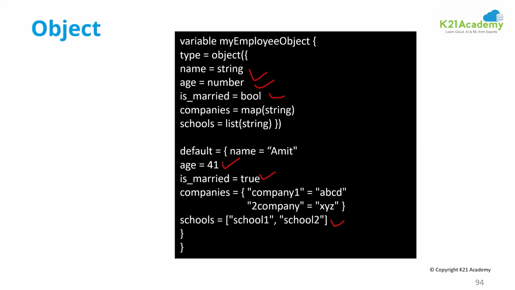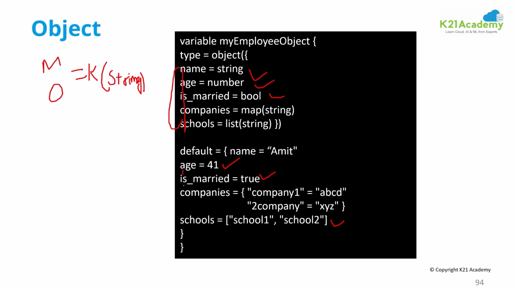Okay. Now, one thing, yes, I wanted to tell you here. In case of object or map, the keys will always be a string. You define it in double quotes or not, it's your choice. What I mean is the left hand side, whatever you are seeing here, these will always be a string.